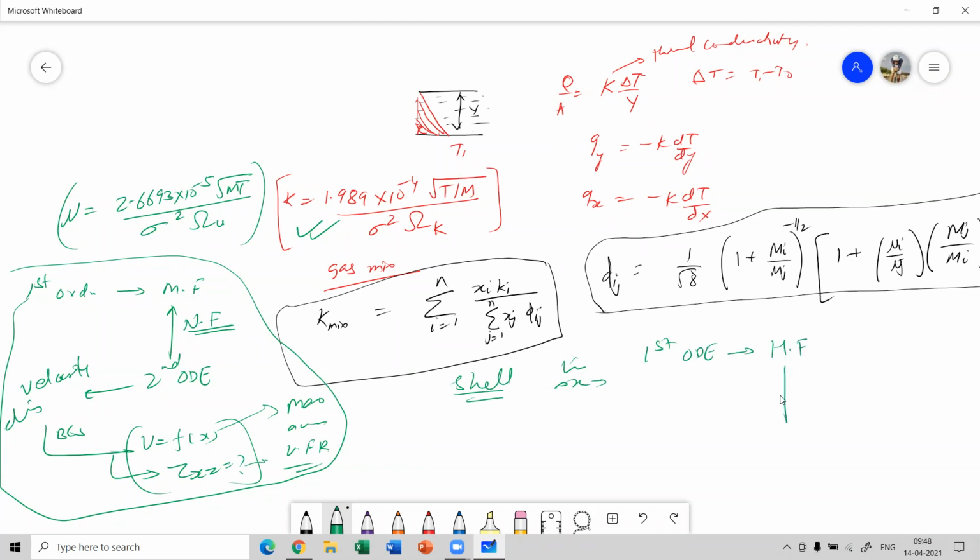Then we're going to introduce Fourier's law of heat conduction. If it is conduction, we introduce the conduction conditions. If it is convection, we introduce the convection conditions. Then we end up with our second order differential equation, which is basically the temperature distribution equation. Then using boundary conditions, we'll have a temperature profile.